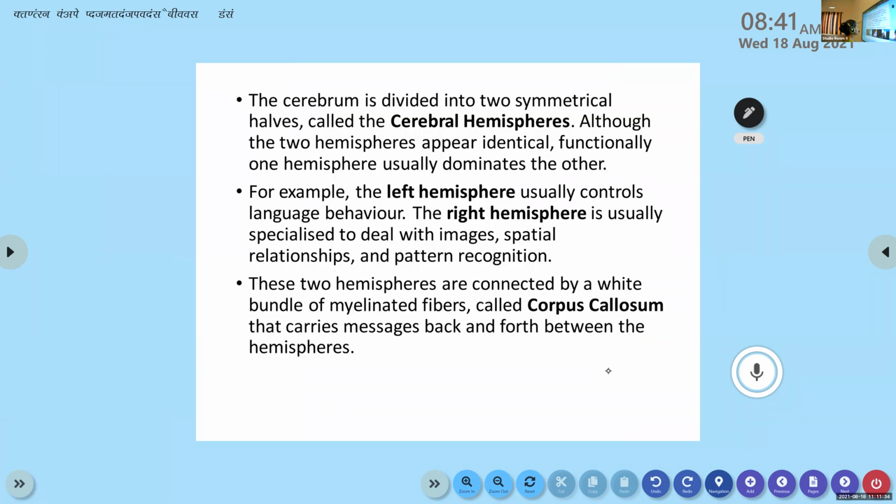Then we start with both of the hemispheres. The cerebrum is divided into two symmetrical halves. It's not unequally divided, but two symmetrical halves, that is cerebral hemispheres. If you are asked to name two cerebral hemispheres, you have to write left hemisphere and right hemisphere. Although the two hemispheres appear identical, functionally, one hemisphere usually dominates the other.